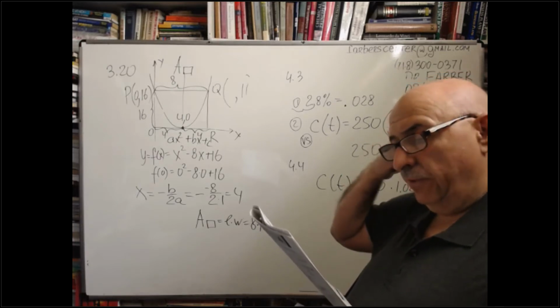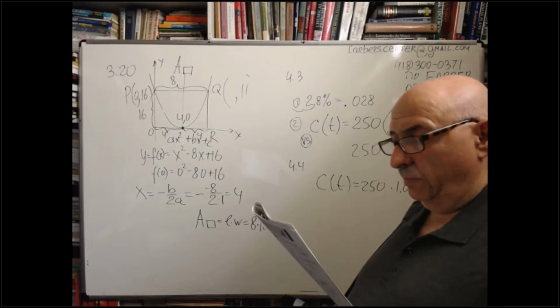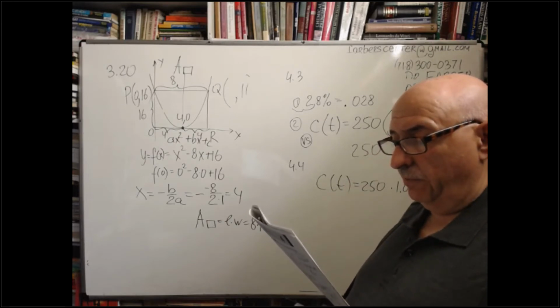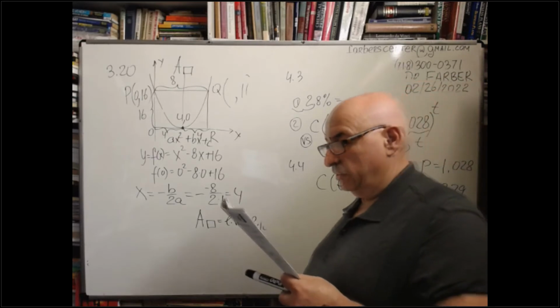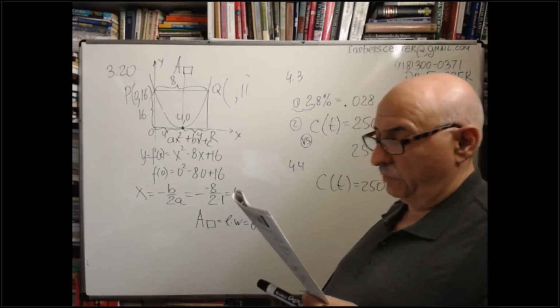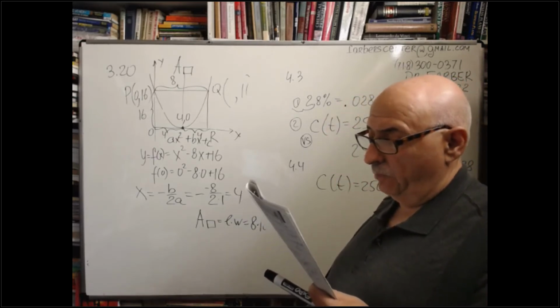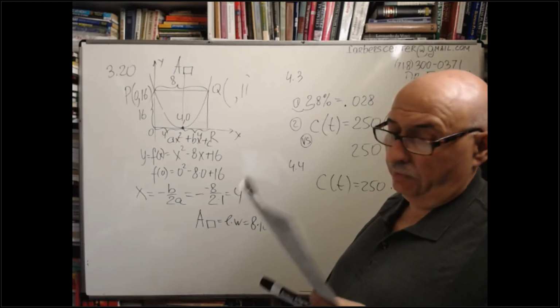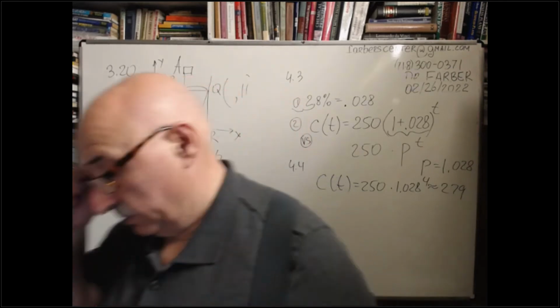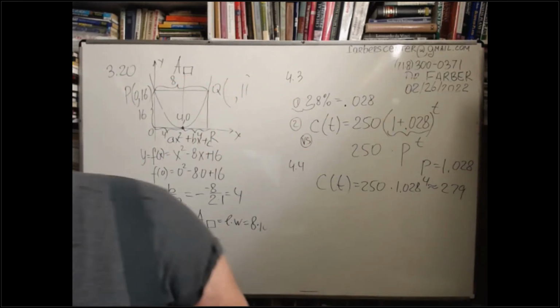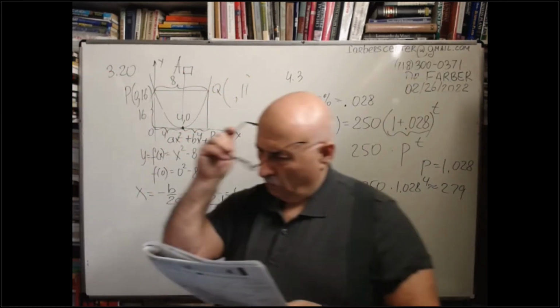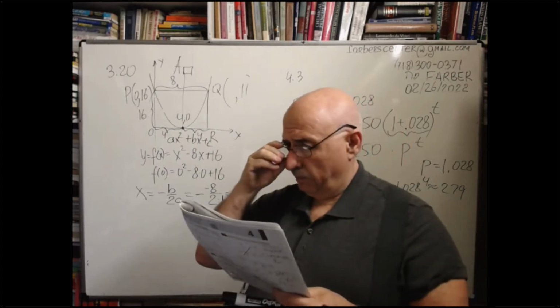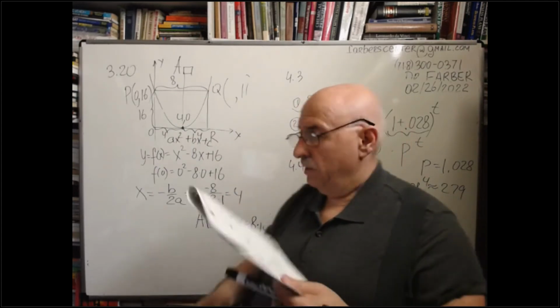It means every year it would be greater than the previous one by 0.028, right? And what is written here? They have P. Let me see what is written here. Okay, they give this formula.